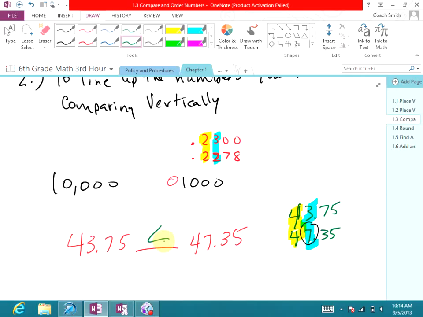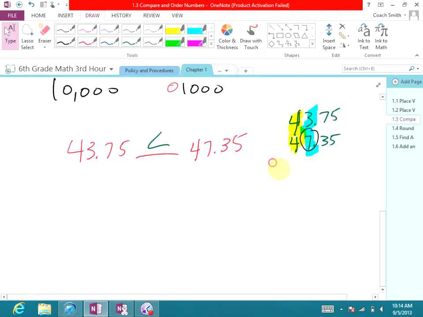Okay, next one, 3.203 blank 3.023. Well, they have the same amount of digits, so I'm okay there.